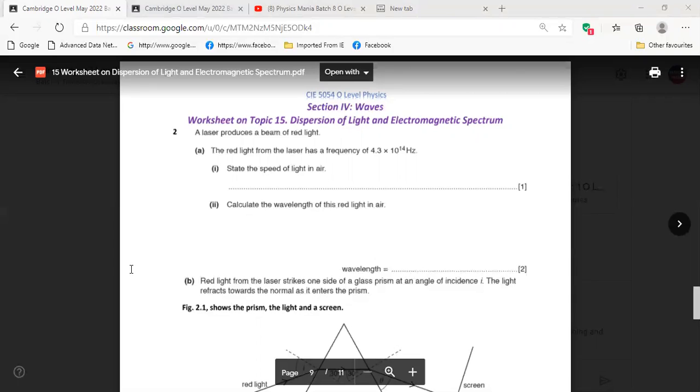In vacuum and air, same speed. So what should we write here? 3 into 10 to the power 8, right? Write it in your copy.